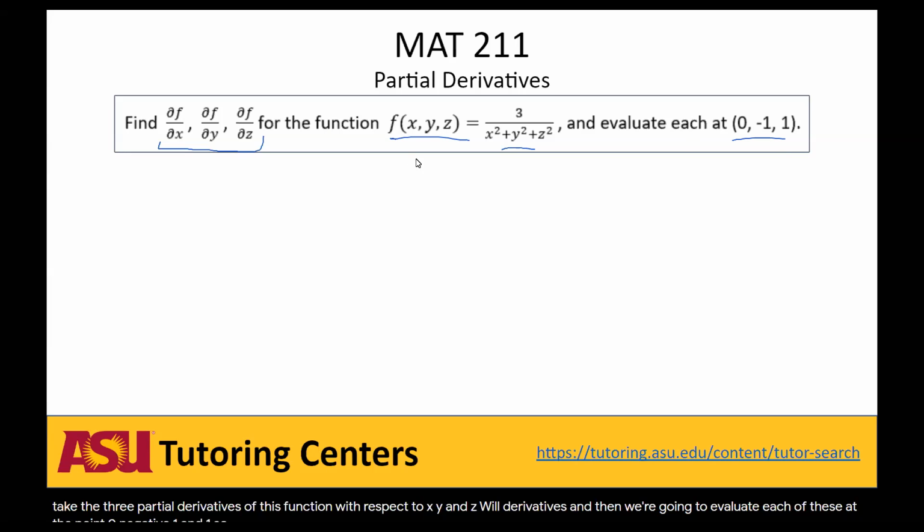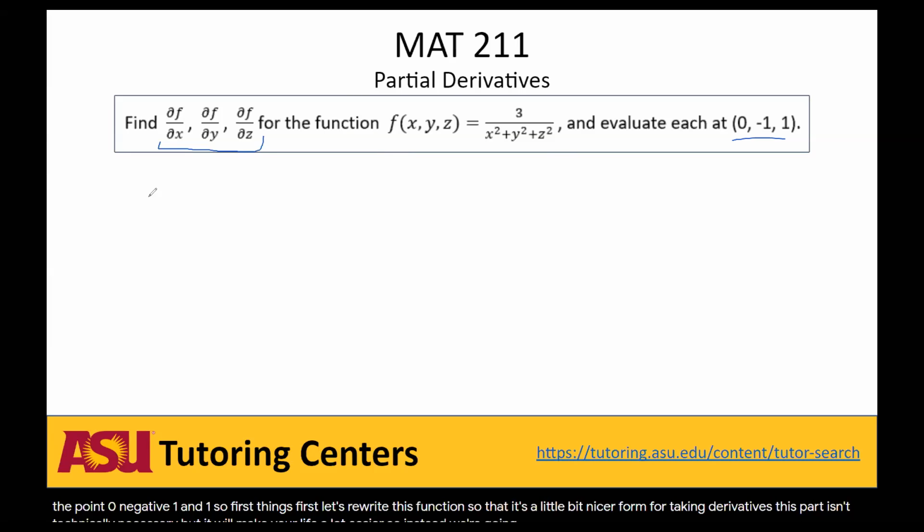So first things first, let's rewrite this function so that it's in a little bit nicer form for taking derivatives. This part isn't technically necessary, but it will make your life a lot easier. So instead, we're going to bring up this denominator here as a negative exponent term.